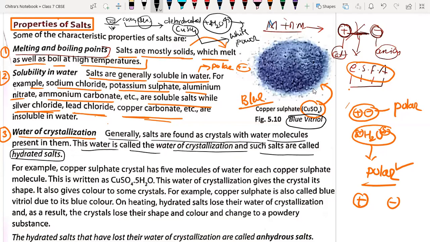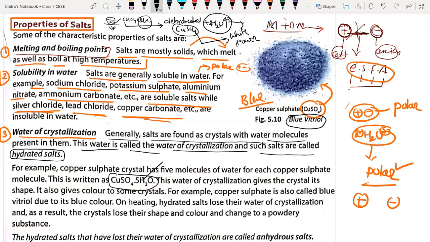So in copper sulfate, which is blue in color, as you can see here, CuSO4 dot 5H2O, that means in blue copper sulfate, 5 molecules of water are present. Hence it is called a hydrated salt.